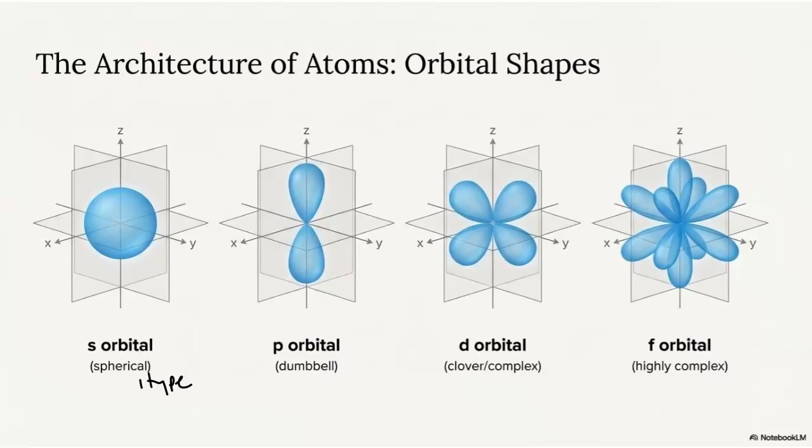So there are 3 of those. The d gets more complex because it's a double lobe. It's like a clover. There are 5 of those. And the f, there are 7.